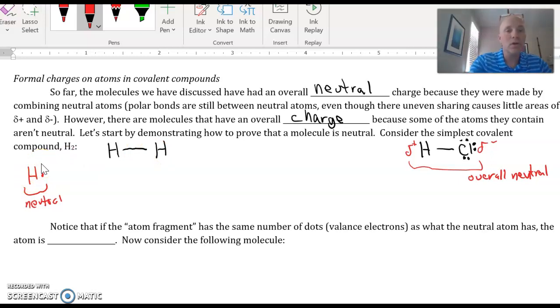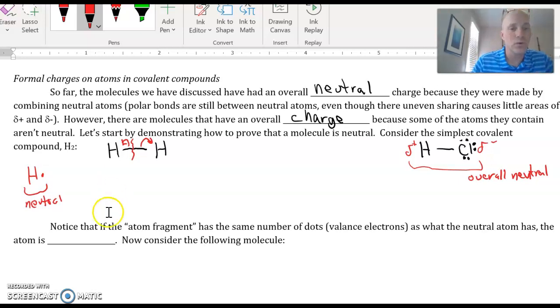So what we're going to do first is take this hydrogen molecule, and recall that this particular bond right here represents two shared electrons. We're going to mentally break this down the middle, and say that one of these electrons in the bond is going to go to this hydrogen and one of them is going to go to this hydrogen right here.